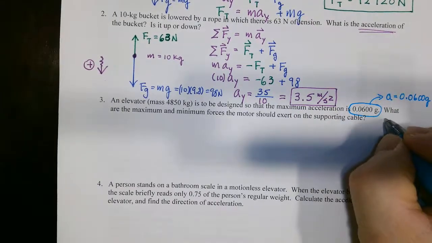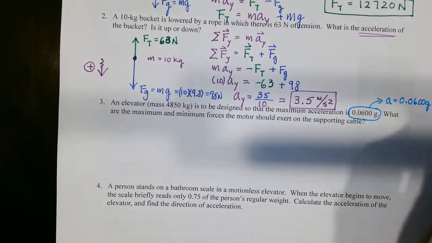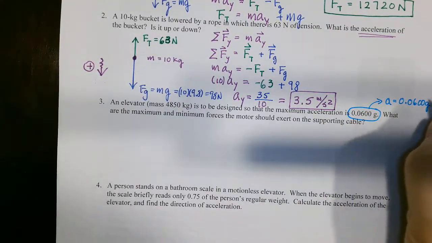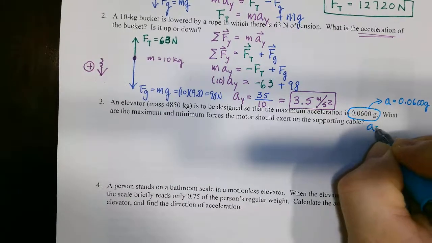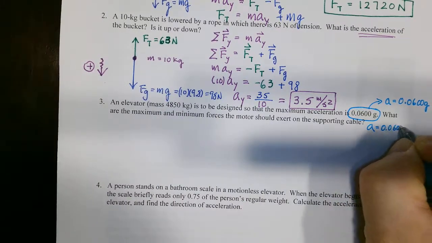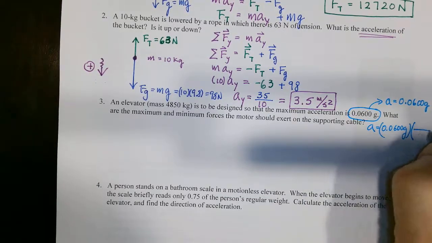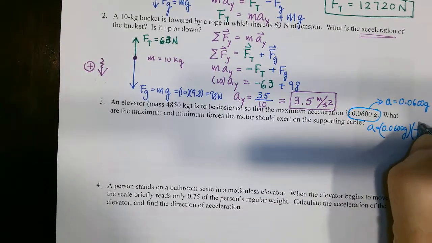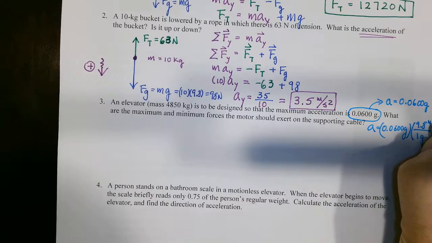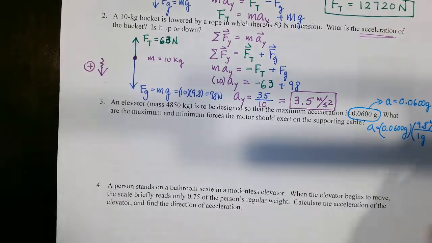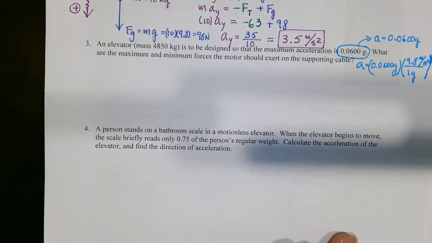However, 1 G is equal to 9.8 meters per second squared. Sorry, I ran out of room.